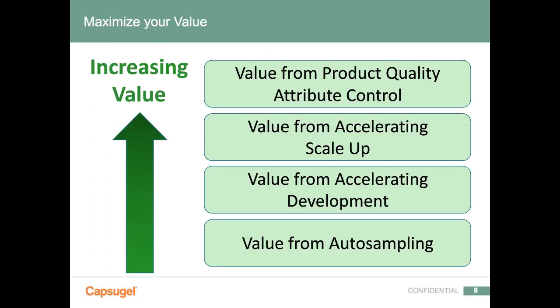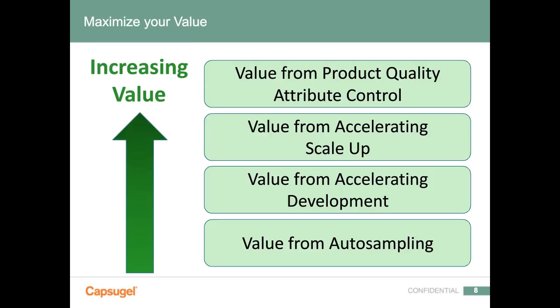So, this talk is going to focus on, like I said, increasing the value of processes using automated sampling. At the basic level, these case studies I'll talk about show the value of auto sampling itself, just making sure that everyone who's working in your lab is doing high-value tasks, not just collecting sample analysis.